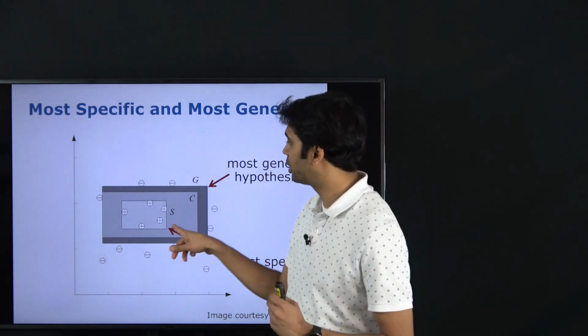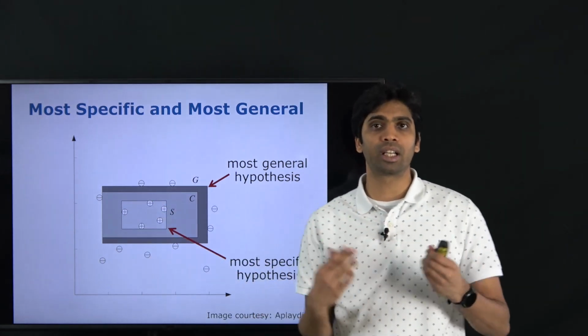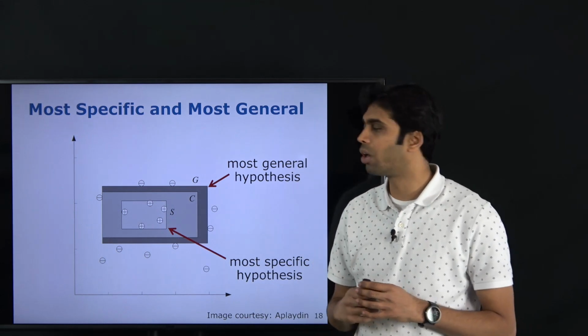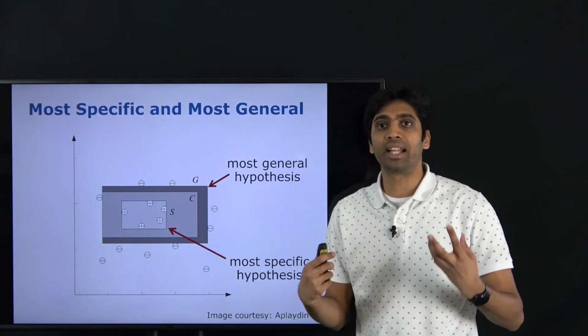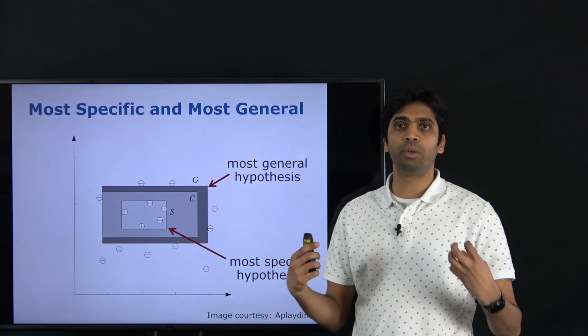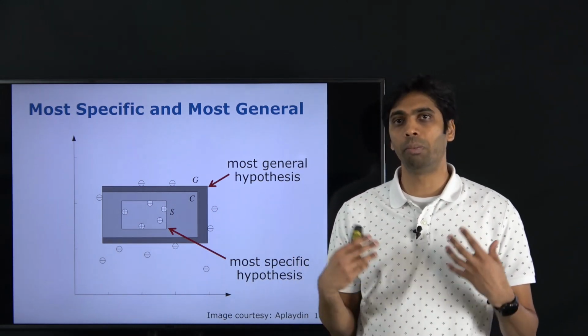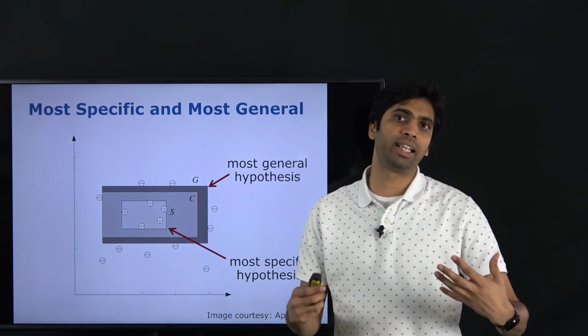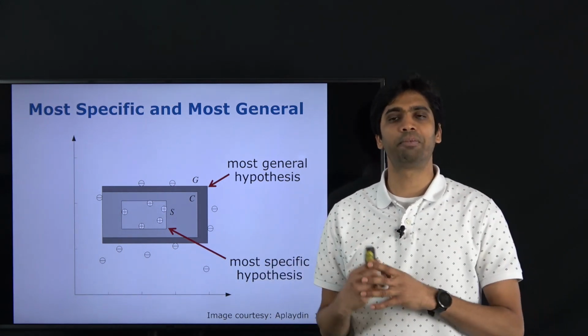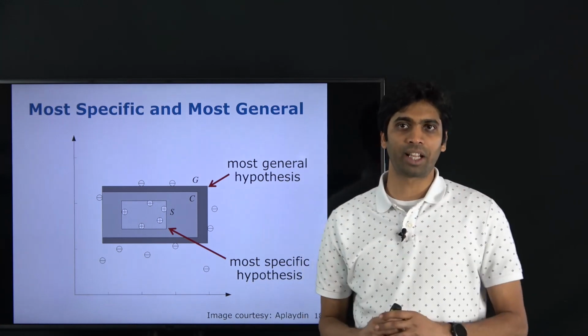Whereas if we choose this innermost box, we might miss a lot of the positive examples. There are multiple ways in which you can figure out what a good box is, and this will determine the success of the classifier for that application.